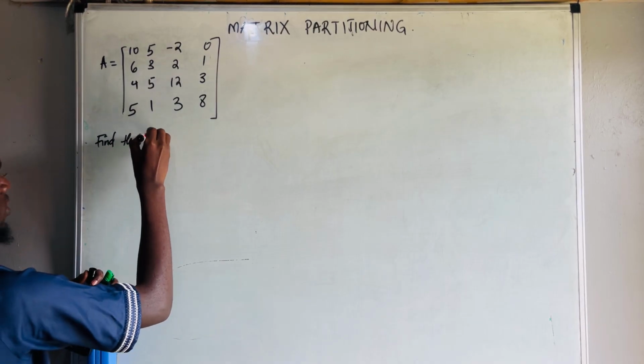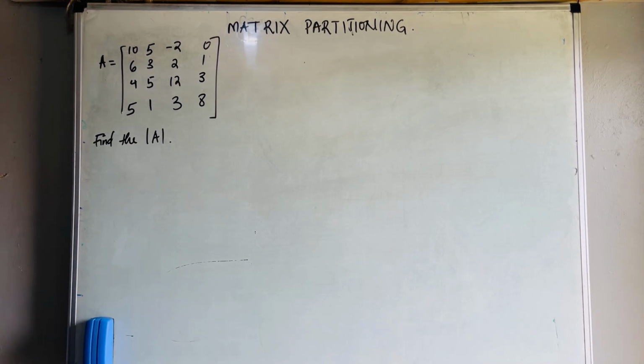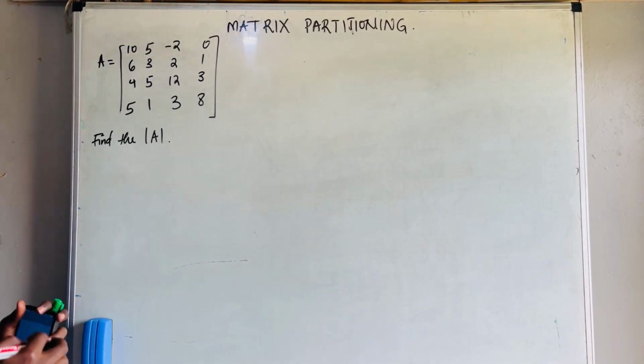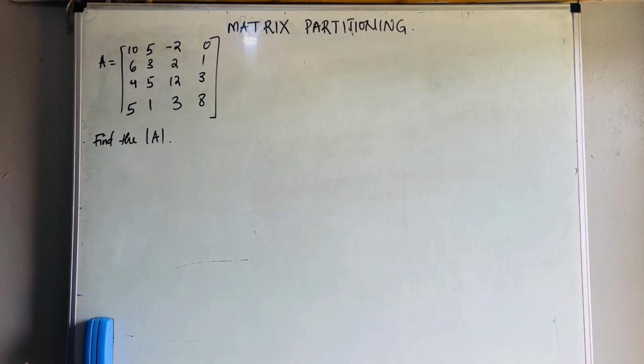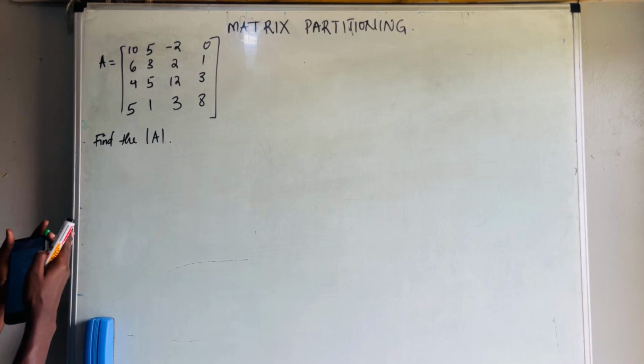For us to find the determinant of A, if we go in for the cofactor matrix, it's going to be a longer process. We can just choose to use matrix partitioning and then use the process result to get the determinant.